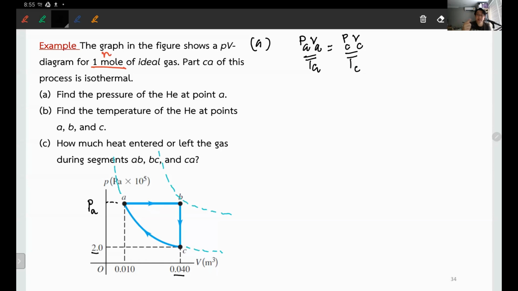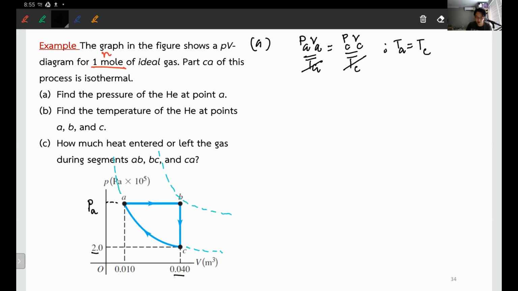Because A and C are lying on the same isothermal line, they're sharing the same temperature, so this can be canceled. T sub A equals T sub C, yeah? Very cool. So let's make it simple. The product between the pressure and volume stays constant.